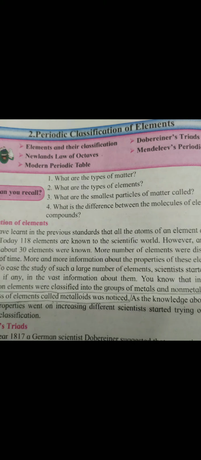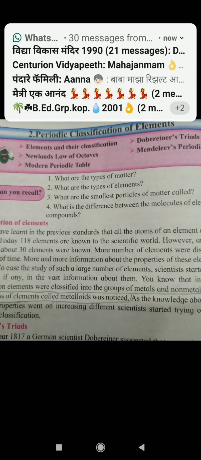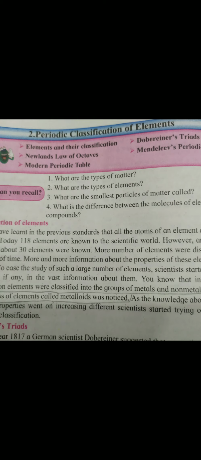In the initial stage of classification, there were only two groups of elements, metals and non-metals. But later on, some elements showed characteristics of both metals and non-metals, so those were classified as metalloids.